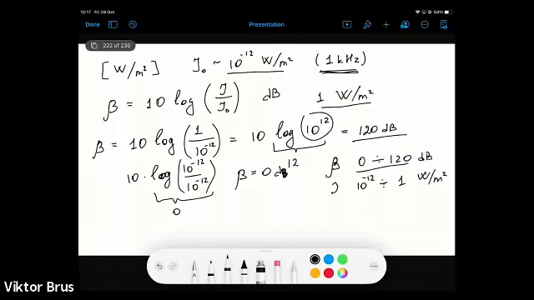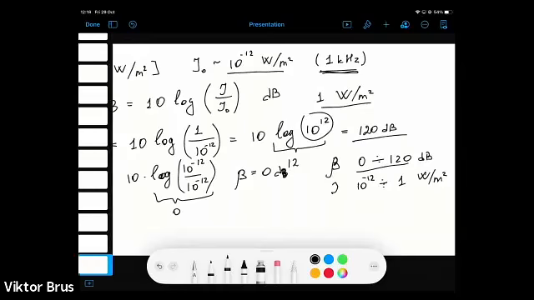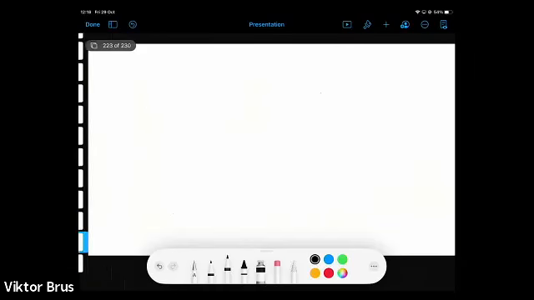So another thing which we need to highlight here is our subjective perception of sound, because of the structure of our ears. It has been shown that this minimum, the threshold of hearing, depends on frequency.